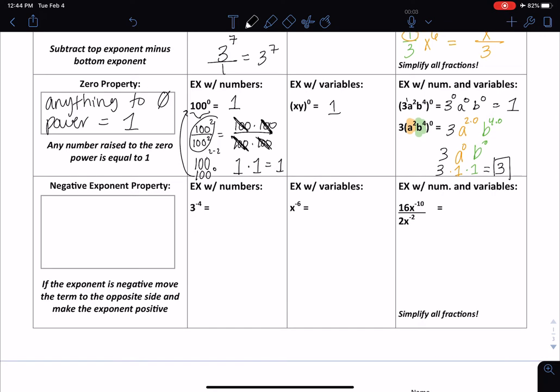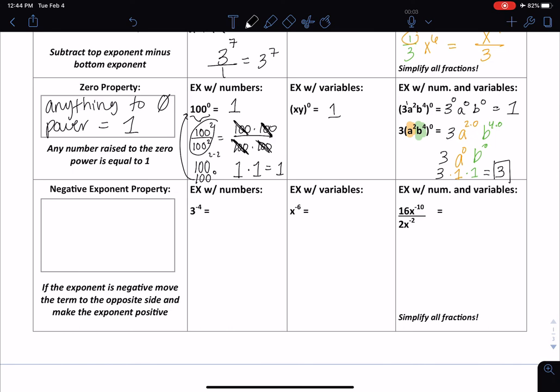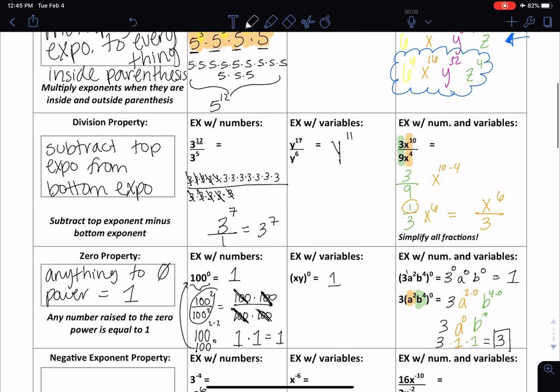Okay, so let me just pick 2 numbers that when I subtract them, it gives me a negative 4. So for example, 3 to the 6 and 3 to the 10. 6 minus 10 is negative 4. Okay? So notice that this looks like our division rule that we did above.